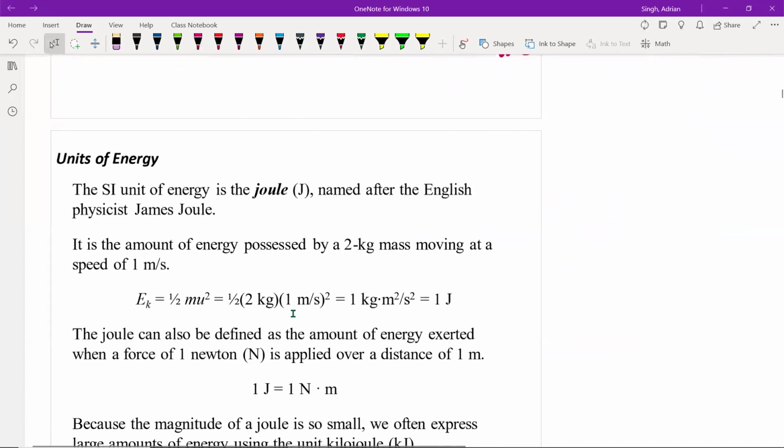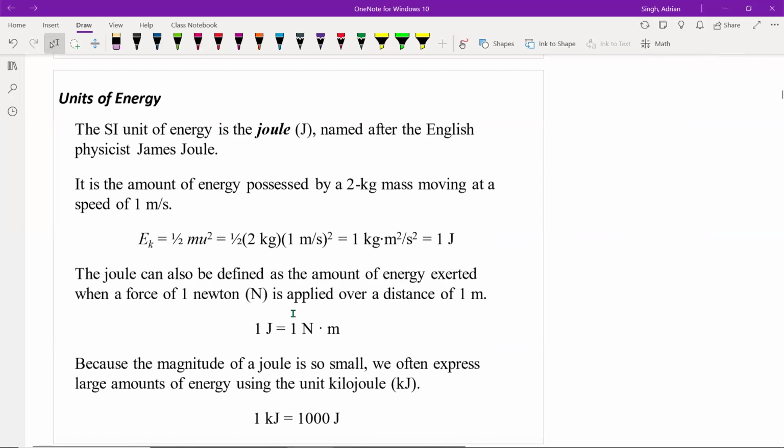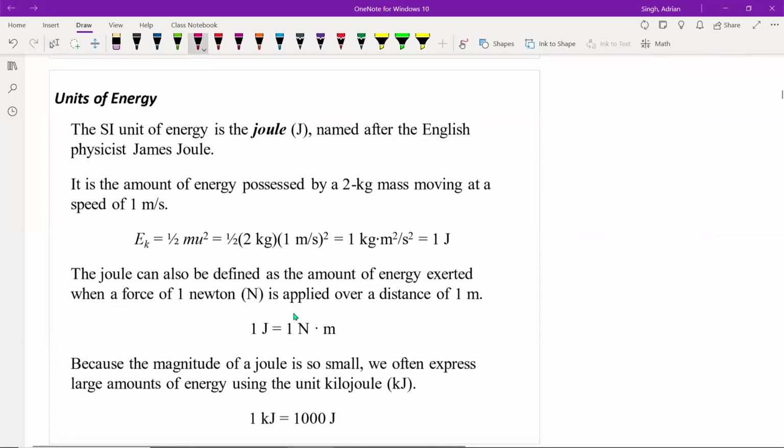When we start looking at energy, we measure energy in various units. The SI unit of energy is called a joule, abbreviated uppercase J, named after the scientist James Joule. That amount of energy is possessed by a 2 kilogram mass moving at a speed of 1 meter per second.